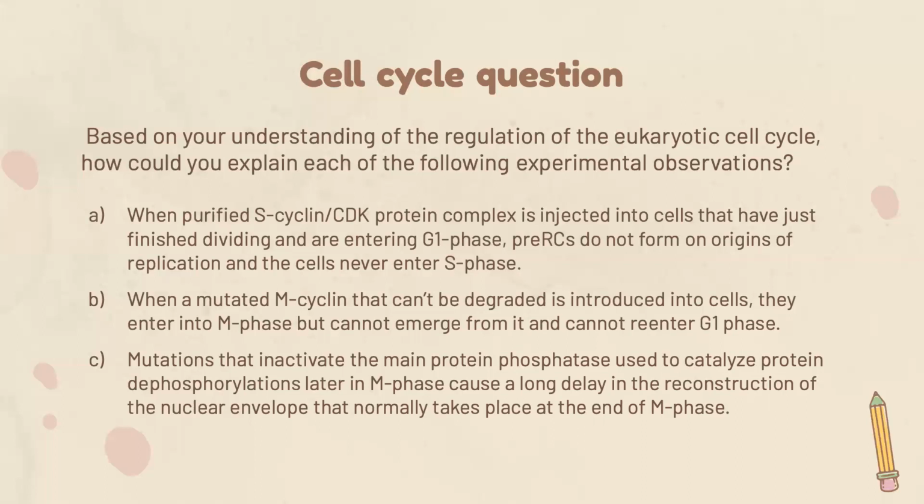And then it's inactivating the phosphatase that's causing dephosphorylation. Does that make sense? Okay. Yeah, it's always the wording that's a little tricky. So that's why we try to give that extra practice.